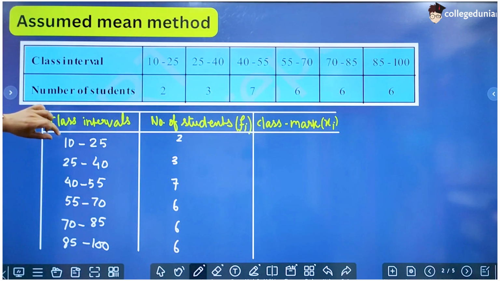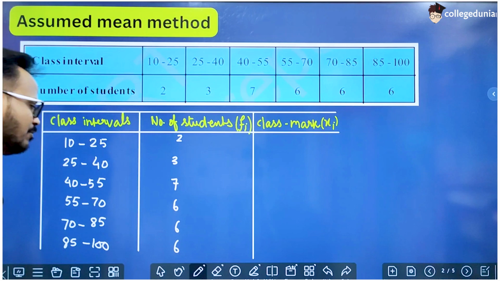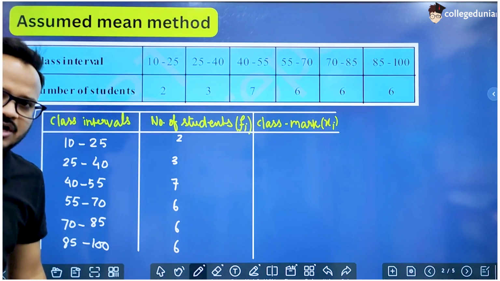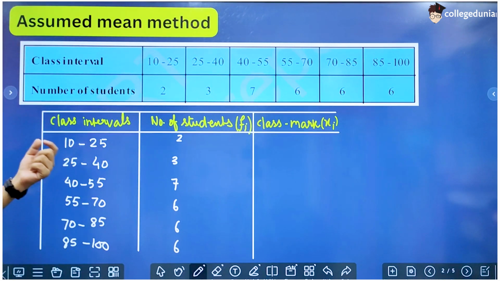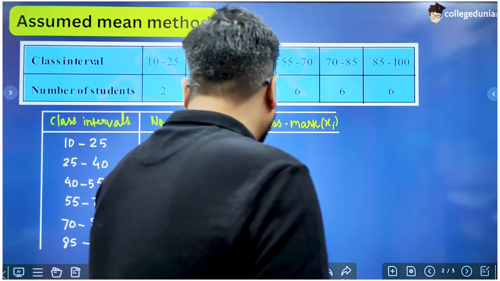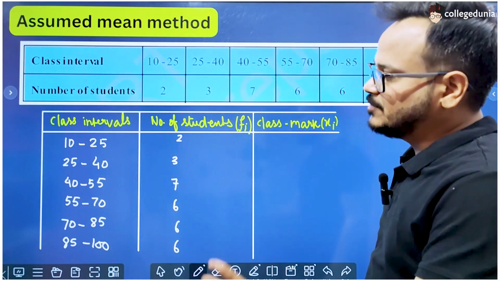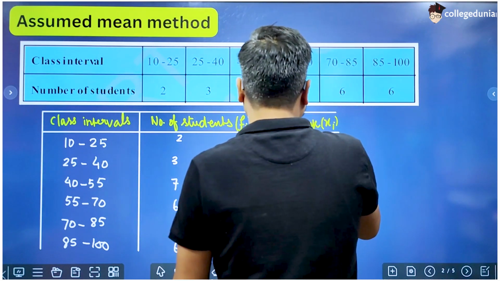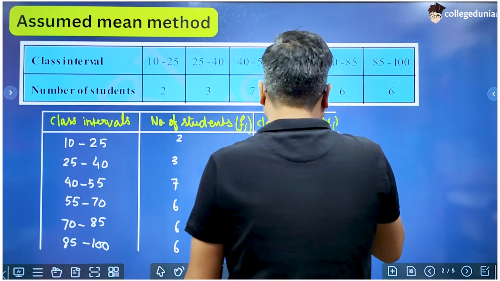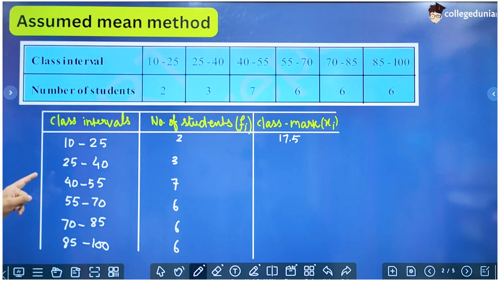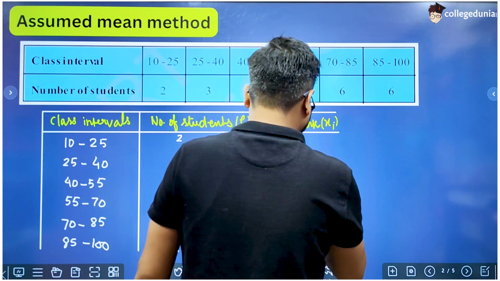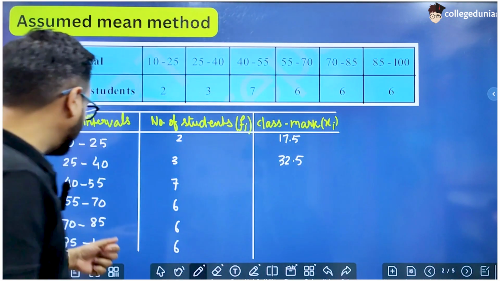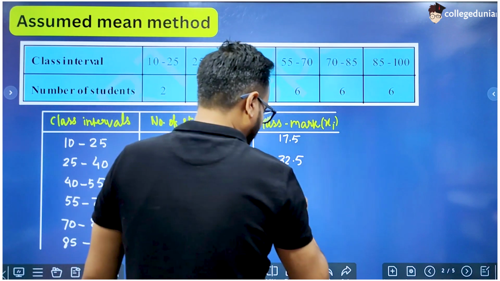So what is the class mark? The midpoint of 10 and 25 is 17.5. We just add these two values, 10 plus 25, and divide the result by 2 to get the class mark. So 10 plus 25 is 35, and 35 by 2 is 17.5. So this is 17.5, and this is 32.5, and this must be 47.5.